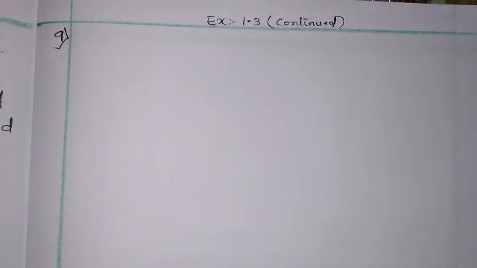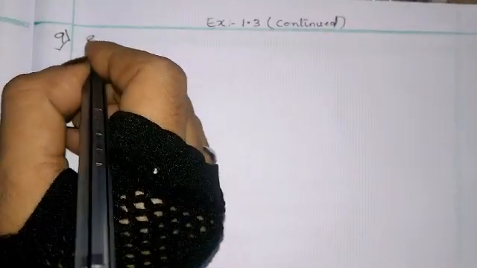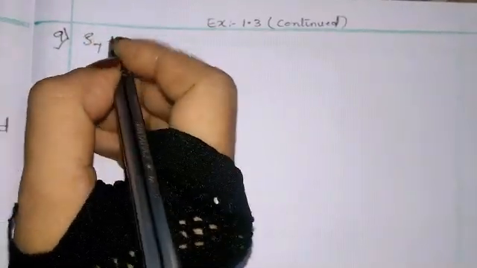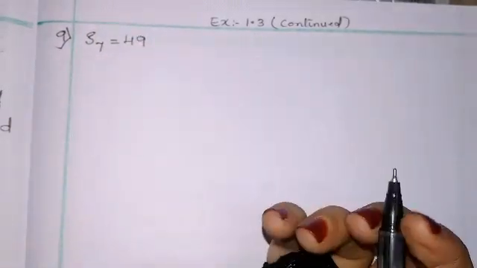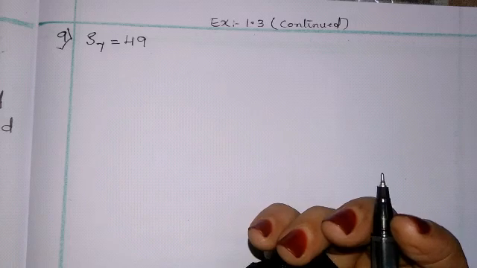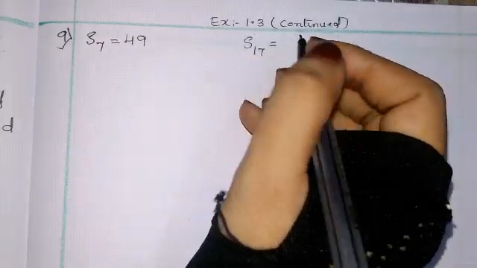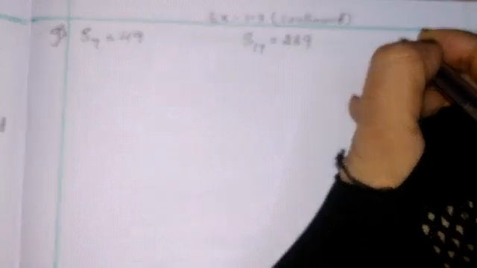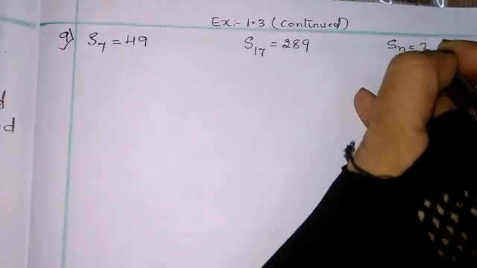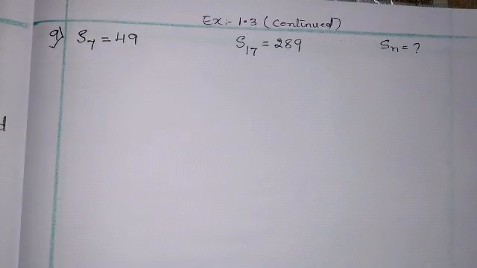The sum of first 7 terms of an AP is 49 and that of first 17 terms is 289. Find the sum of n terms. What we have to find? Sn we have to find. Okay, let us start solving now.